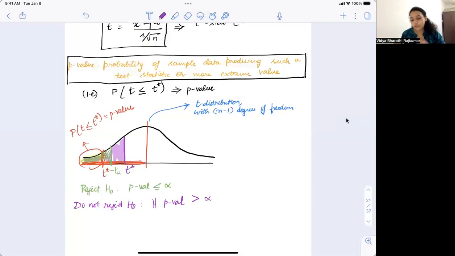So that's how you would interpret the p-value version of hypothesis test for a left tail test.